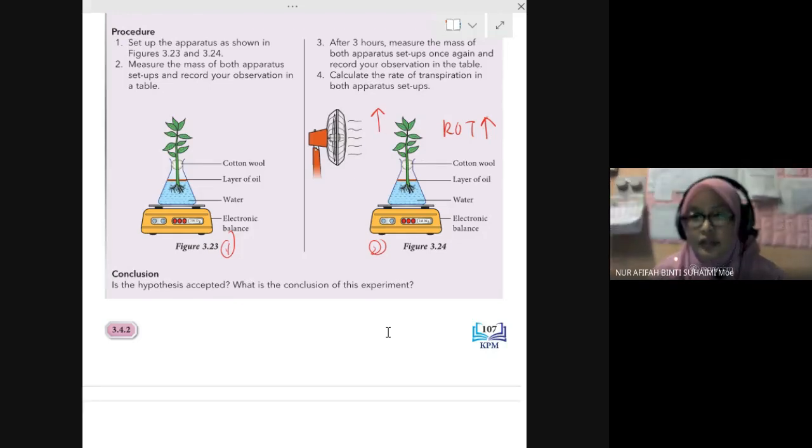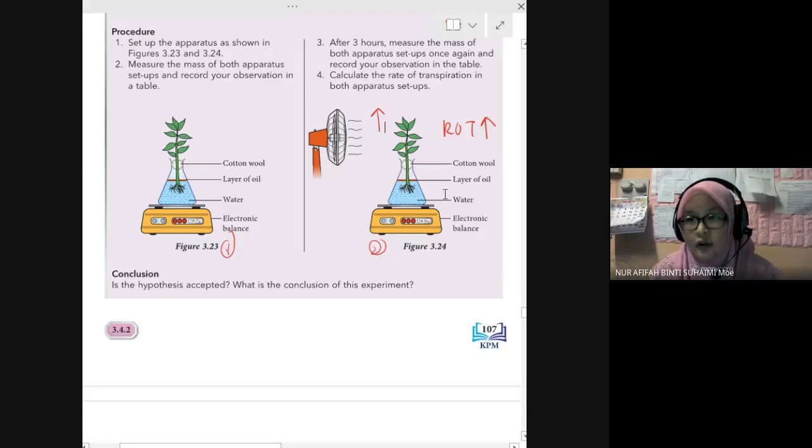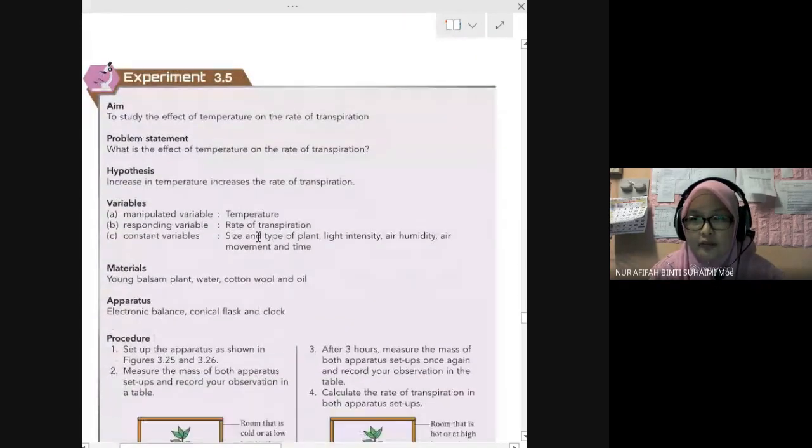So transpiration occurs faster and the loss of water occurs faster. The mass of water decreases, meaning the plant needs more water. In this one, maybe the mass is only reduced a little bit. Transpiration occurs slower because there is no wind, no air movement.